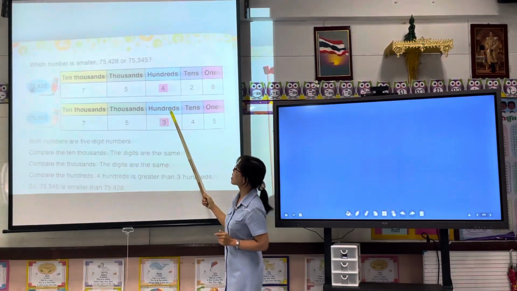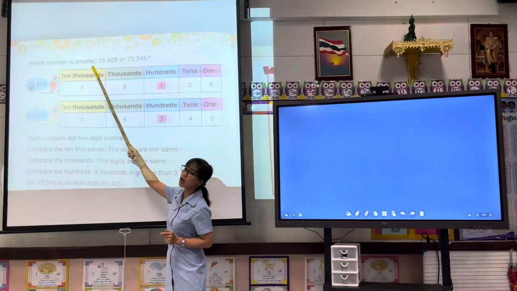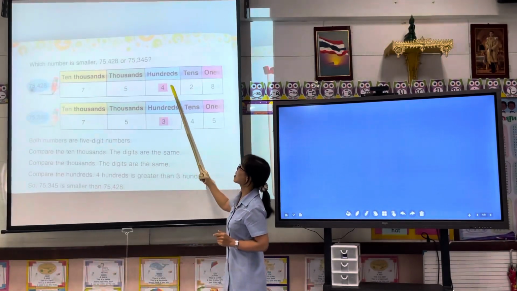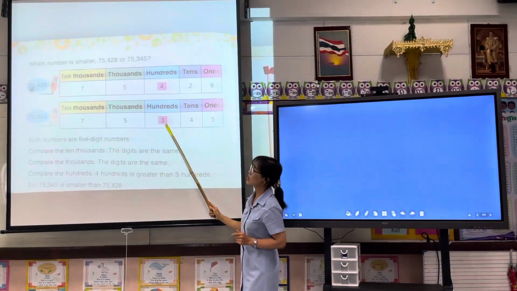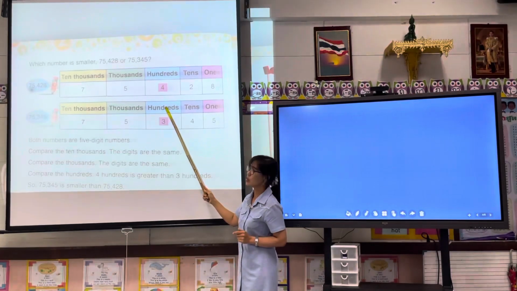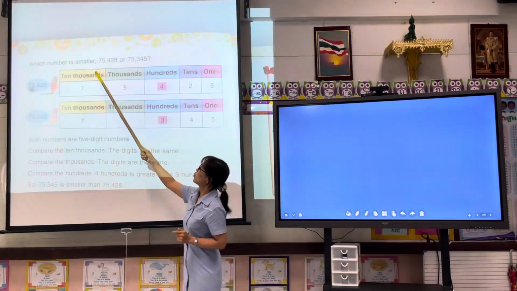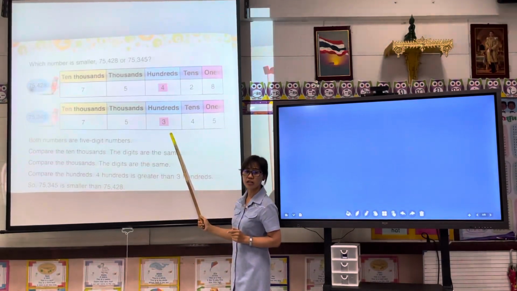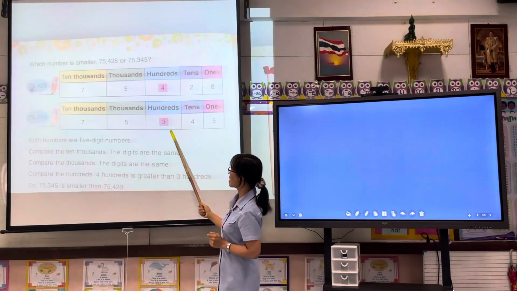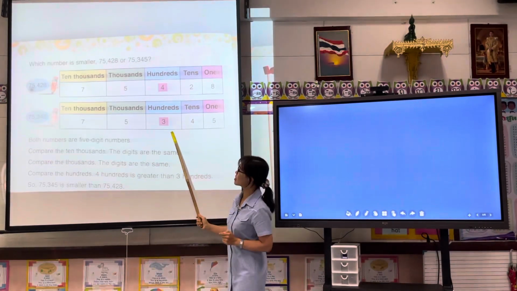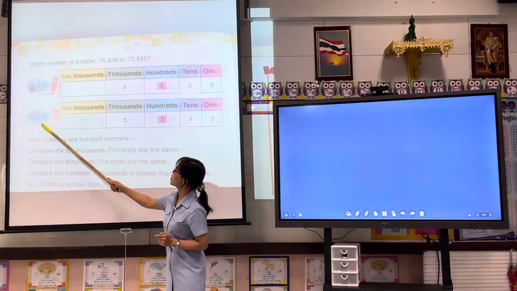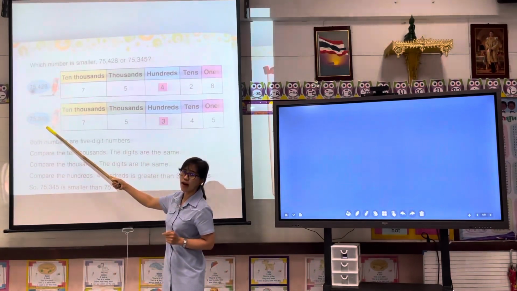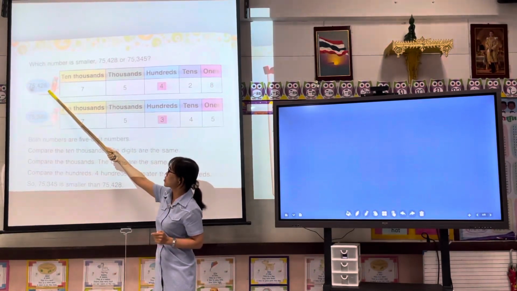Now you compare. Which is smaller? Is it 400 or 300? What do you think? Which is smaller? 4 or 3? Of course, 3 is smaller, right? So that means this number is smaller than this number.